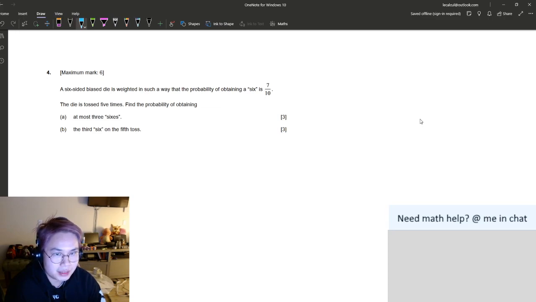We are flipping or tossing a dice, and we are counting how many 6s there are, and we have 5 attempts. So this is a binomial distribution.